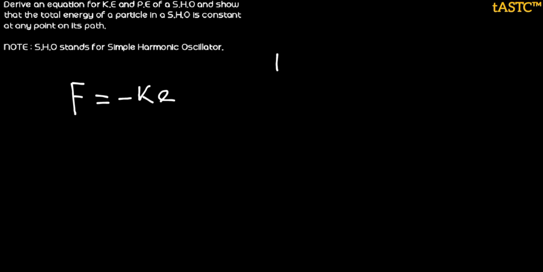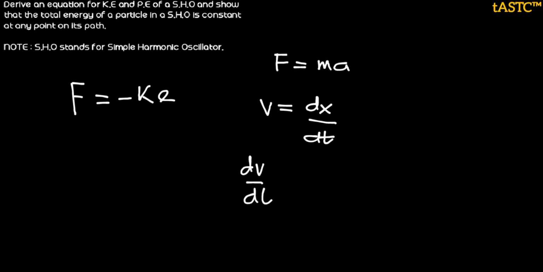Next, we know that force is equal to mass multiplied by acceleration. Now what do we know the velocity to be? Velocity is the same thing as a change in distance or displacement with respect to time. If I wanted to find dv/dt, that will be the acceleration.